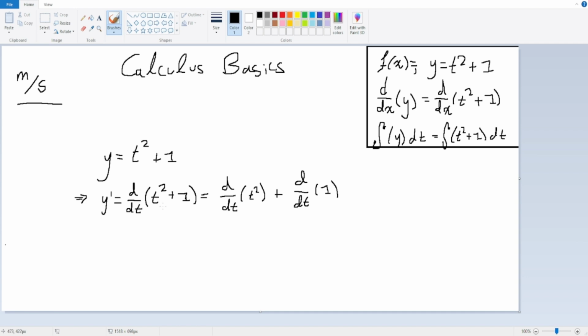It's kind of like multiplication, right? If this was a 5, for example, instead of d over dt, you could do 5t squared plus 5 times 1. In that same way that multiplication is distributive, derivatives are distributive. So we'll write it like this. That is one of the important rules to know about derivatives: distributive.